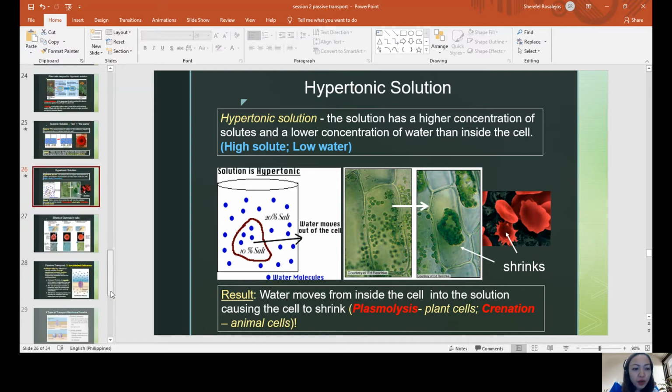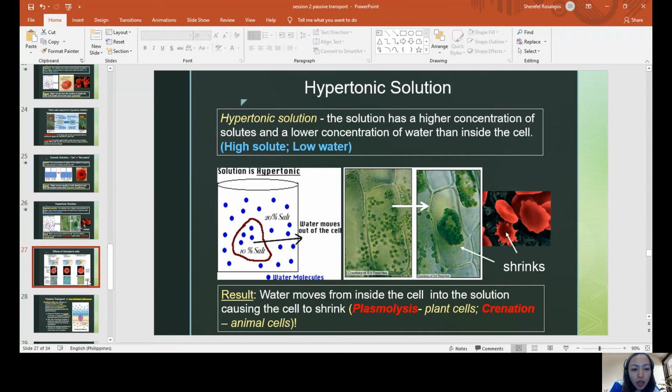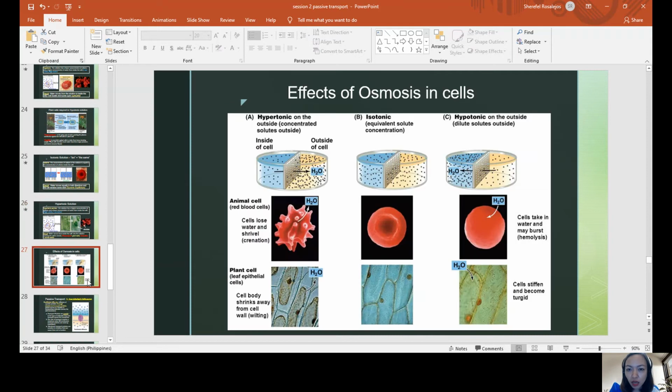Okay? So, to summarize the effect of tonicity on the cell: if it is hypertonic, class, remember, mugawas ang movement of water, it will be going outside the cell, and that will result in crenation and plasmolysis for the plant cell.